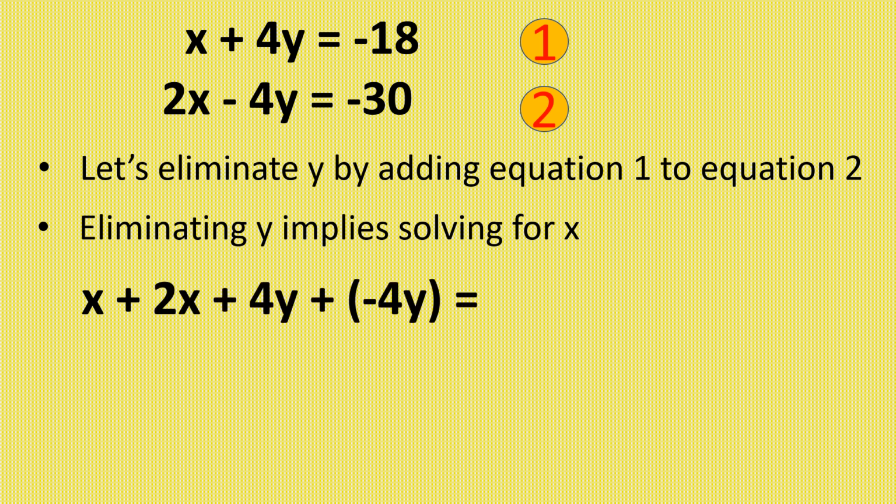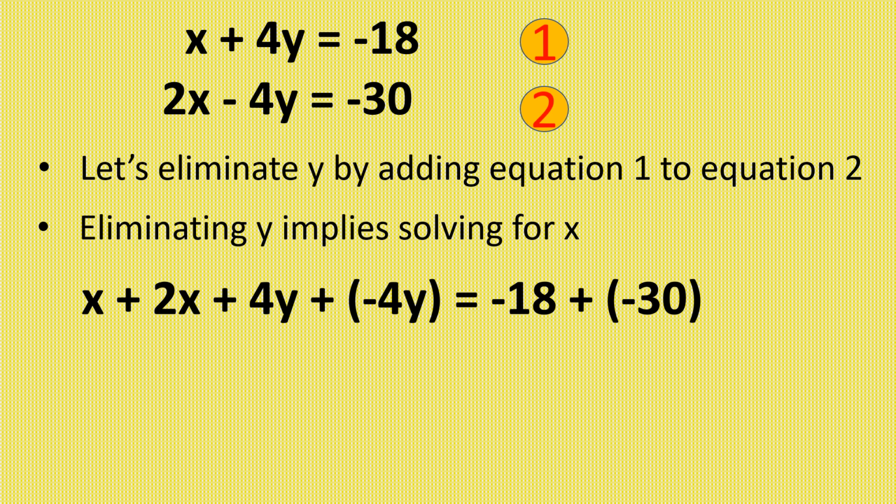If we add equation 1 to equation 2, we will add all the like terms. Looking at the x value in equation 1 and the x value in equation 2, you add them together, so that implies x plus 2x.